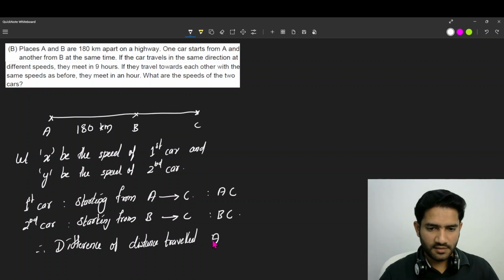That means AC minus BC. AC minus BC means AB. AB is given, 180 kilometer.